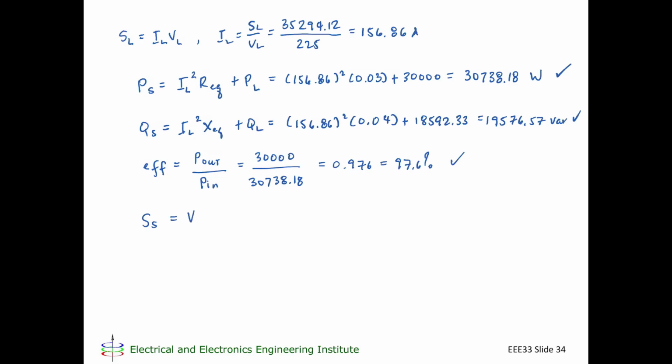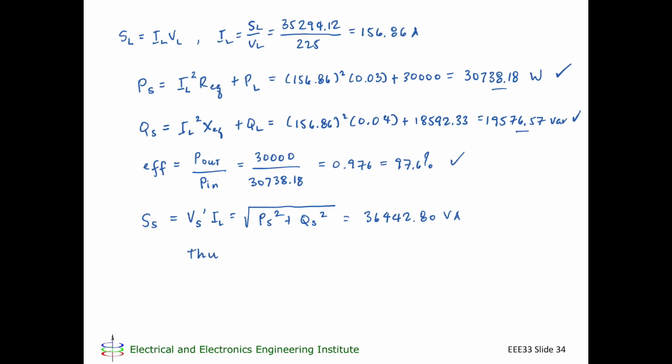This is V_S prime, the high voltage side voltage referred to the low voltage side, multiplied by I_L, which is the square root of P_S squared plus Q_S squared. I know P_S, I know Q_S, so I can compute this. This is 36442.80 volt-amperes.